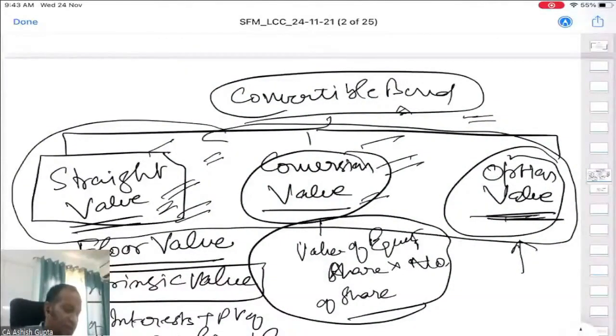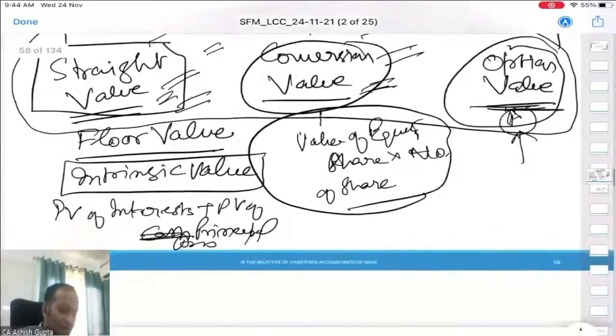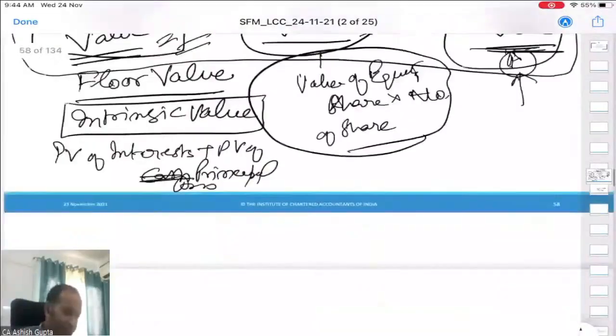Straight value means, if we hold the debenture or bond till maturity, what will we get? If we go for conversion, then it will be the conversion value. But it is a kind of option value premium. Normally this is covered under the separate topic of option valuation, but it is beyond the scope of our syllabus computation. So there is not any proper chart, it is only a presentation.